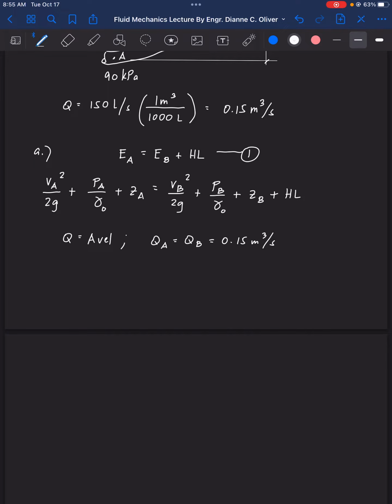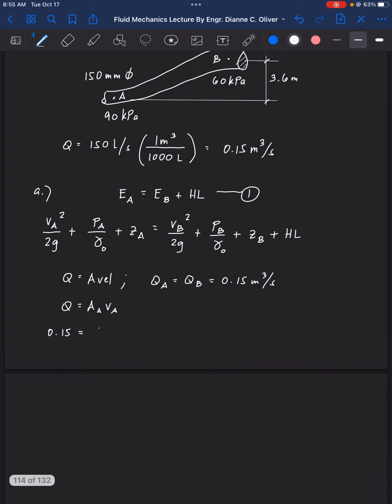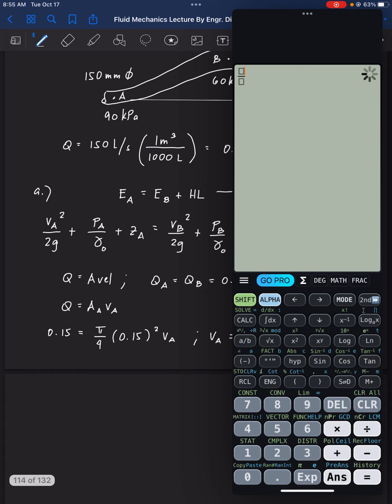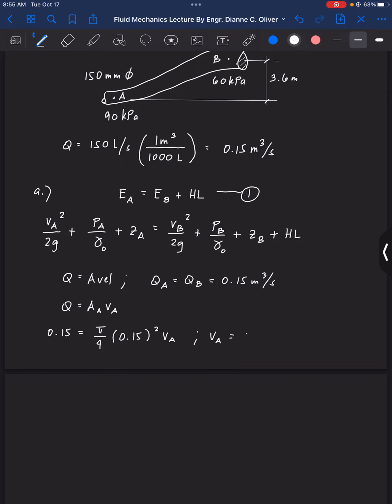So 0.15 equals the area at pipe A, which is 150 mm, so pi over 4 times 0.15 squared times VA. Therefore, VA equals 0.15 times 4 over pi times 0.15 squared, which is 8.49 meters per second. So VA is 8.49 meters per second.